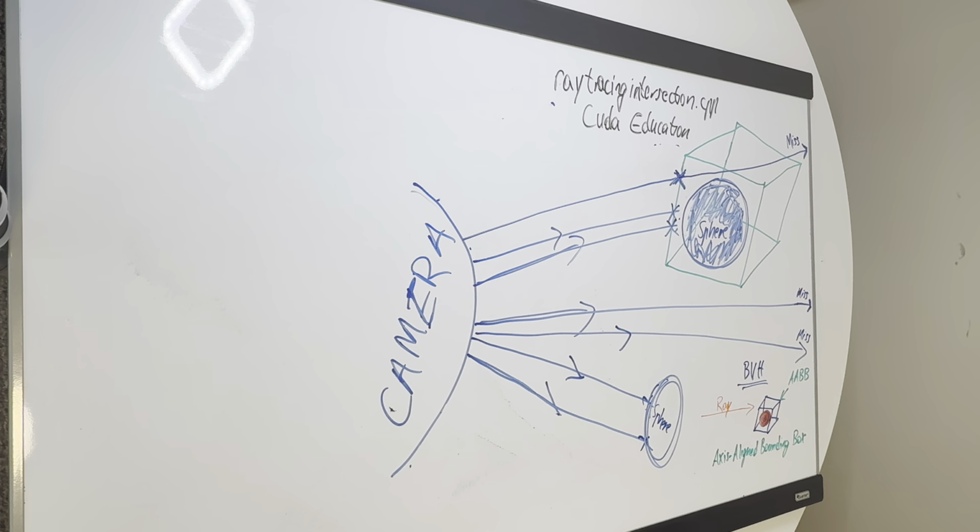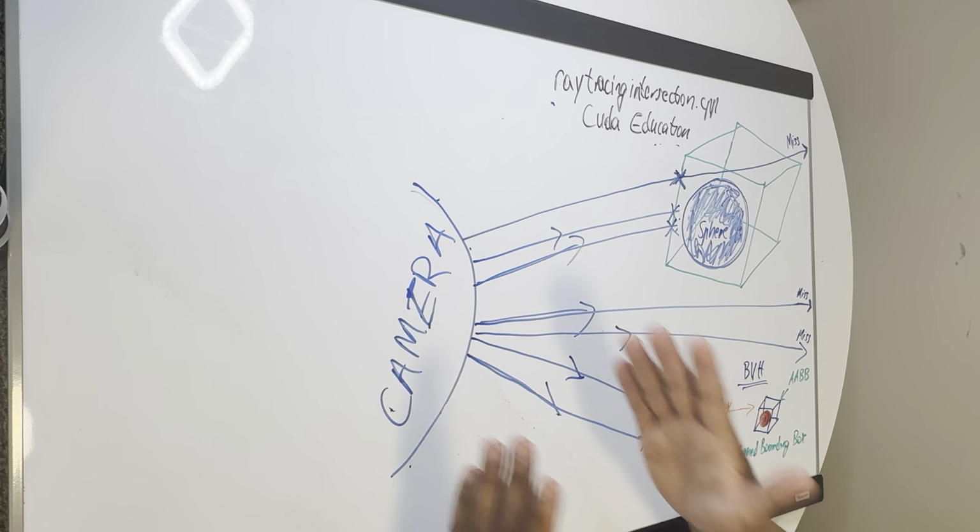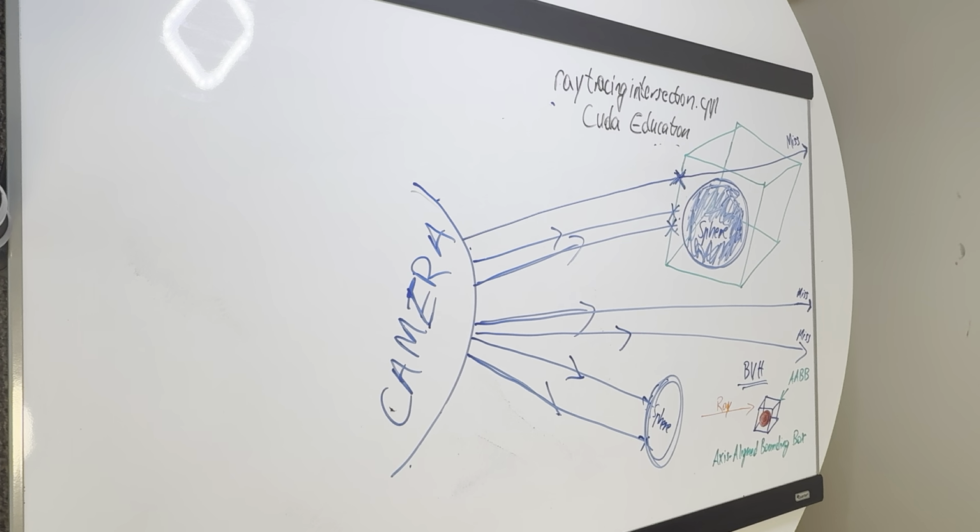So I'll repeat. We generate a bunch of rays. We need to categorize these rays, and the reason why we want to categorize them is because we want to save processing. We don't want to do mathematical calculations that are not absolutely necessary.